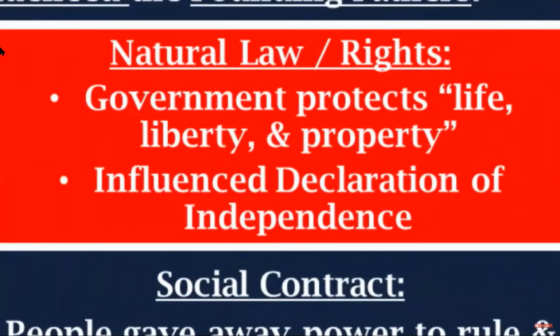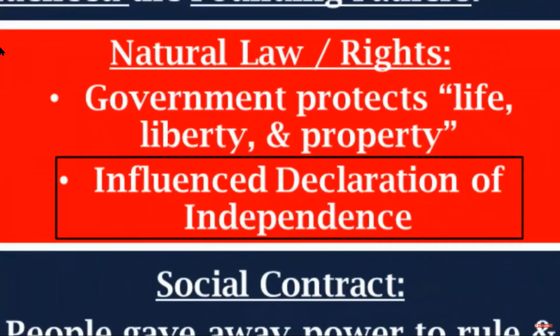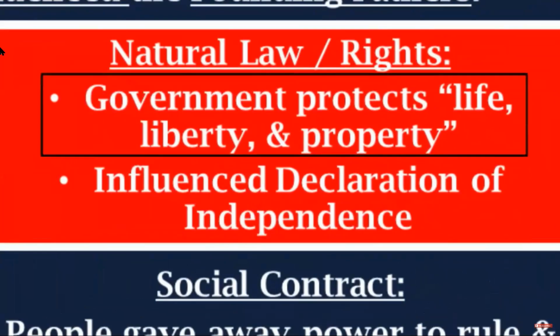A big question is how John Locke's ideas of natural rights influenced Thomas Jefferson in the Declaration of Independence. John Locke said that the purpose of government is to protect life, liberty, and property, and Jefferson changed that to life, liberty, and the pursuit of happiness.